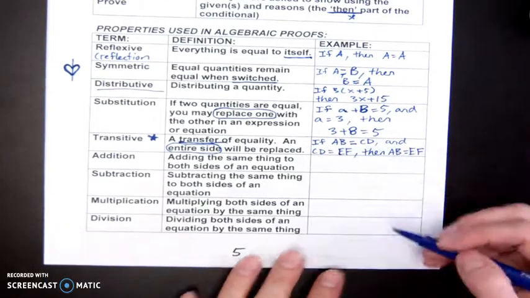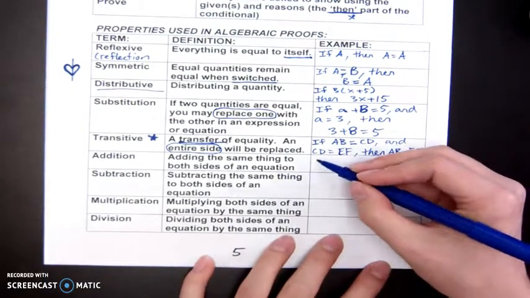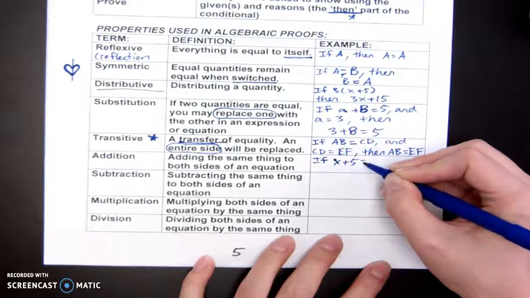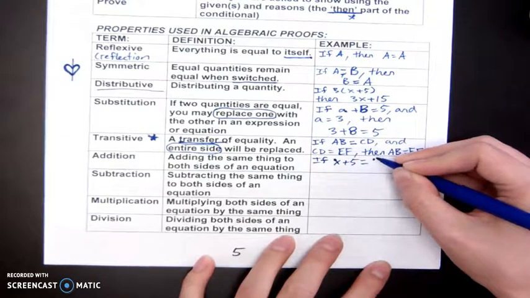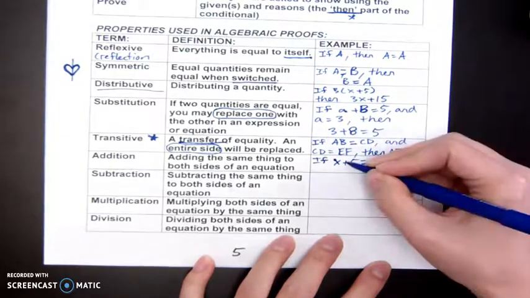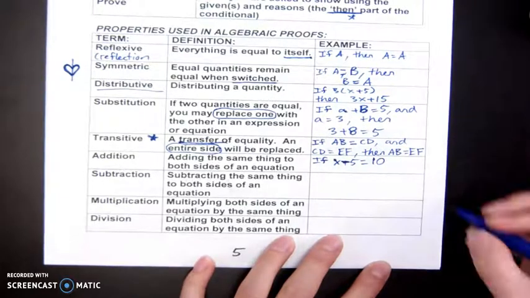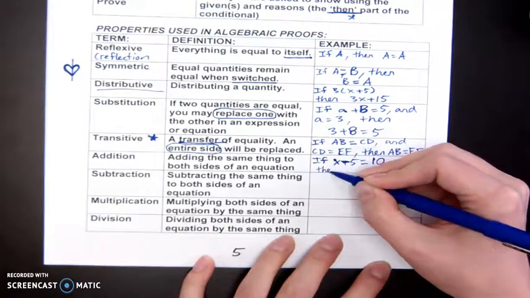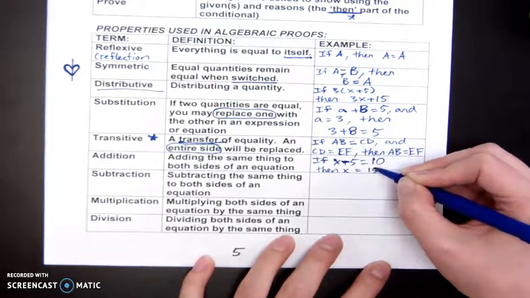Alright, and then we just have our math terms. If we add, if I have x plus 5 equals 10, and I'm sorry, that needs to be a minus. If I do x minus 5 equals 10, then x equals 15.